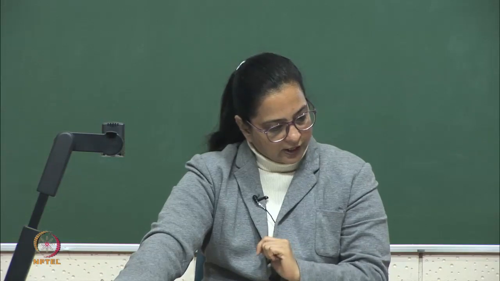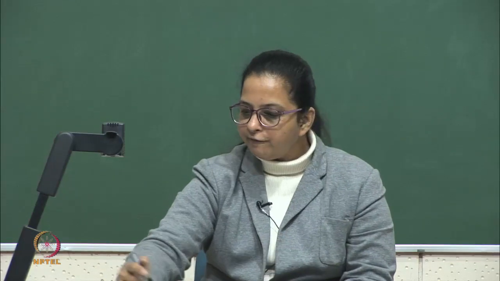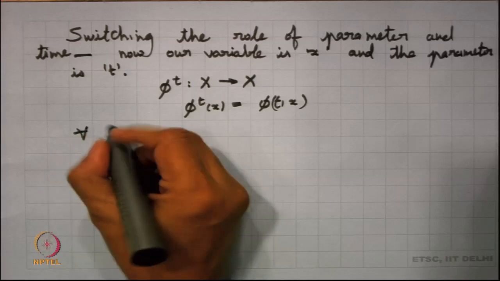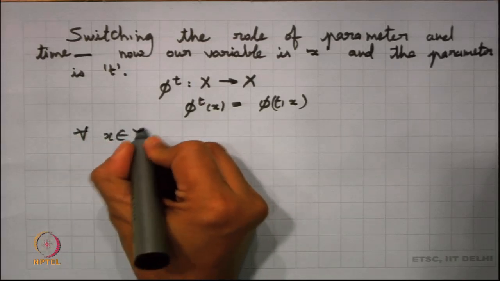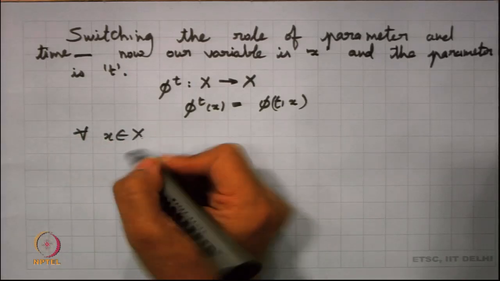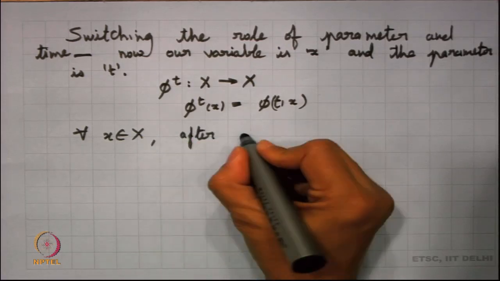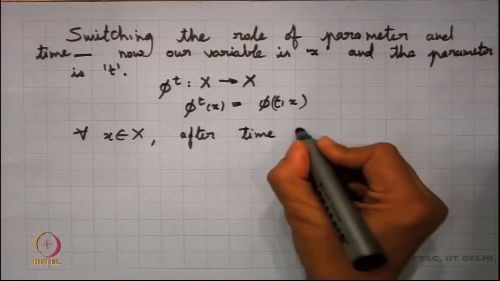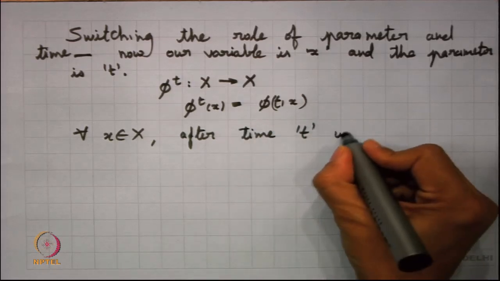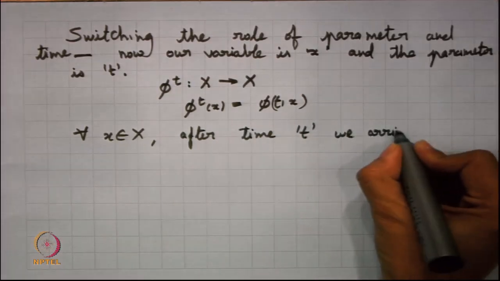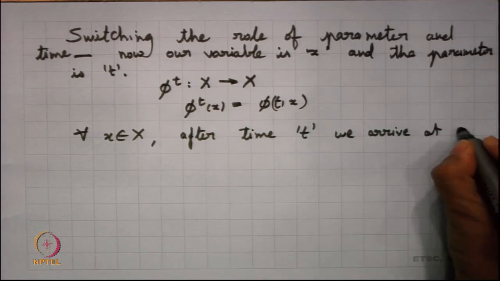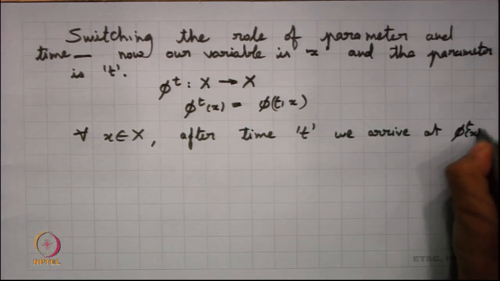So, now if we look into that aspect, for every x in X, we start with every x in X. What happens is after time t, we arrive at phi t of x.